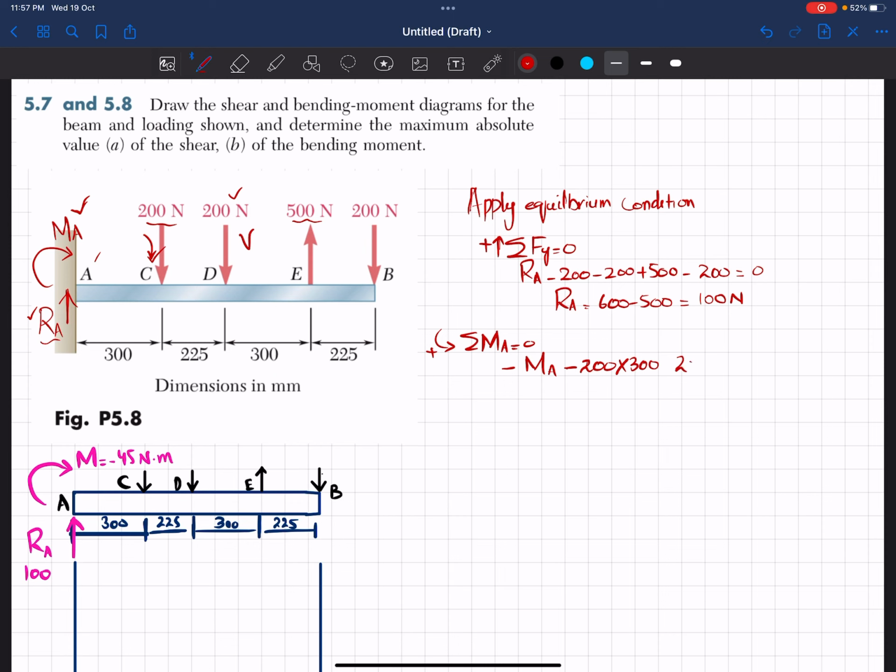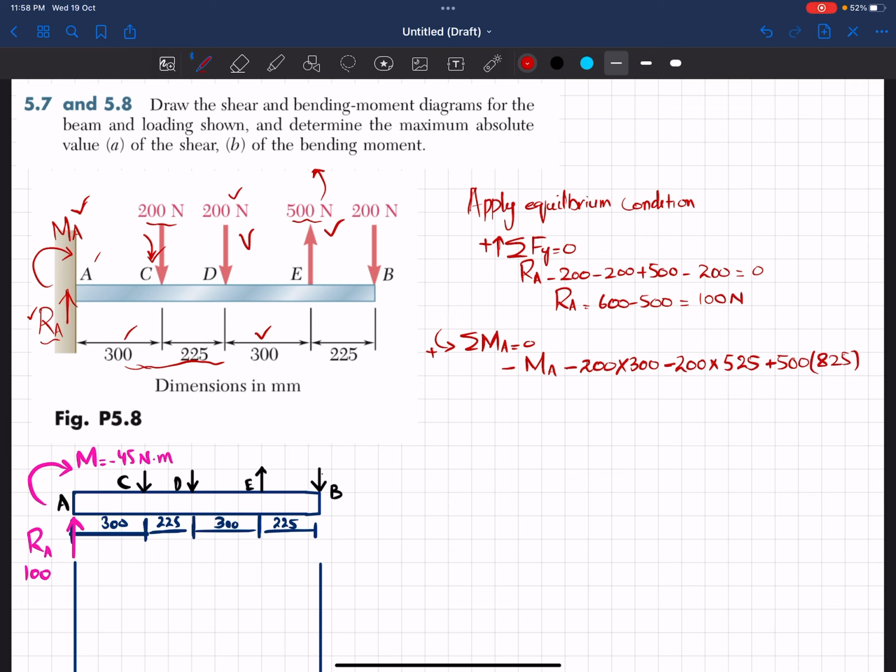So it will be minus, and the other moment is produced due to this load of 200. So 200 multiplied by the perpendicular distance 525, you can see 300 plus 225, and it is also minus. The fourth moment is due to 500, and it will be counterclockwise, so it is taken as positive. So plus 500 into perpendicular distance 300 plus 300 is 600, and 225, so 825.